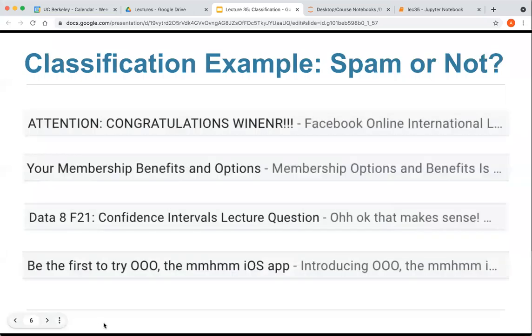Okay, spam or not spam? So spam. Overwhelmingly, you're saying spam. This is not spam. There is actually an app with a cute name, and what it does is it helps us create videos at home.